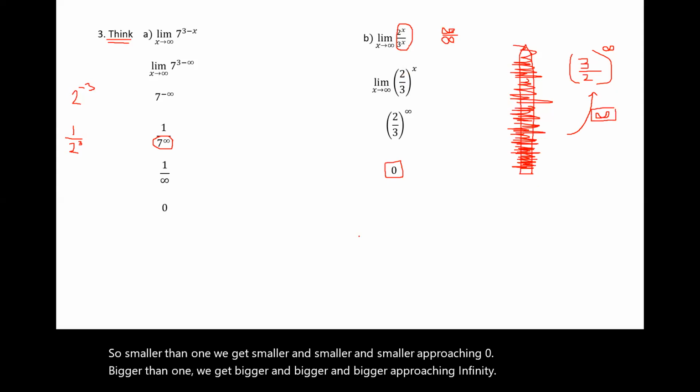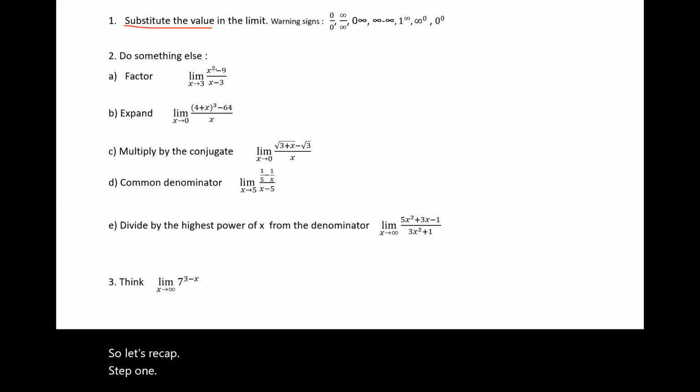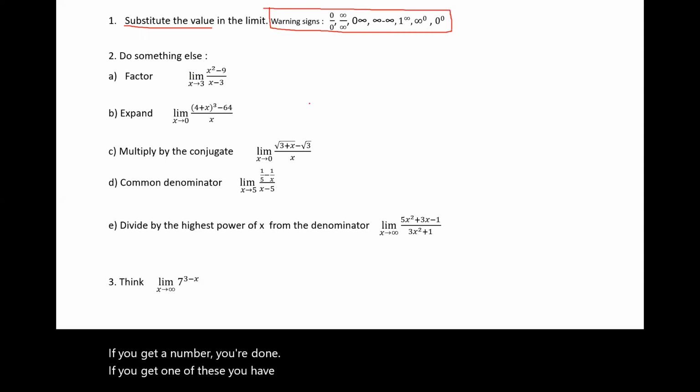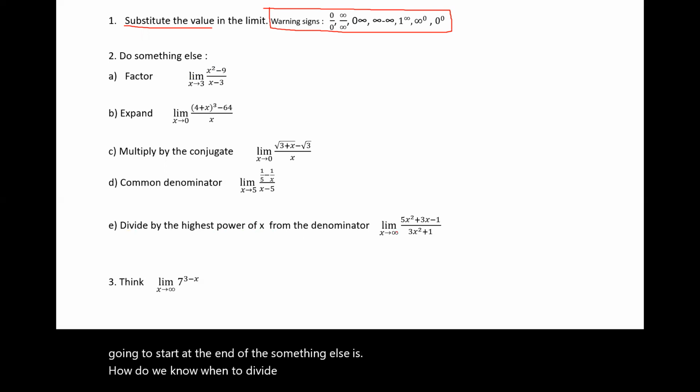So be prepared to think. So let's recap. Step 1, you're substituting in the value. If you get a number, you're done. If you get one of these, you know you have to do something else. There are lots of something elses. I'm going to start at the end of the something elses. How do we know when to divide by the highest power of x? That works if you're approaching infinity.